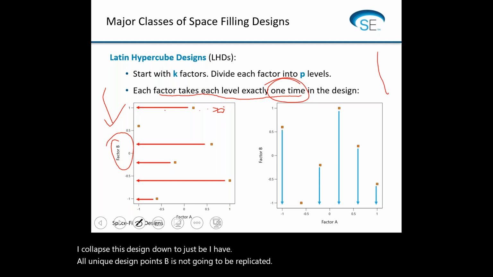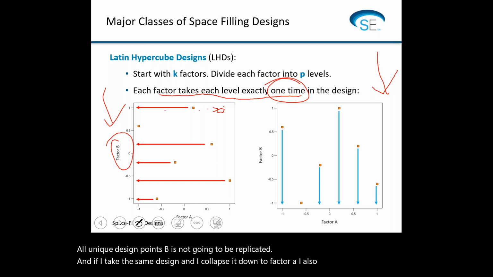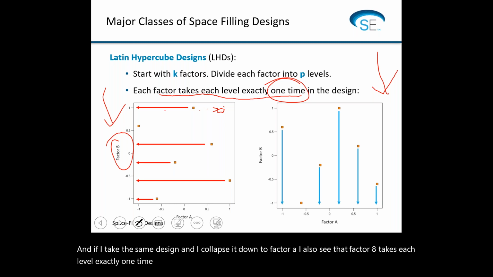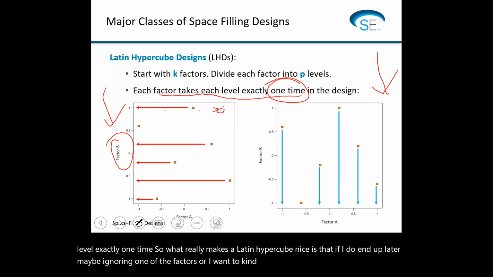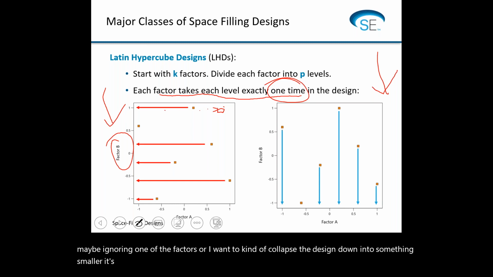And if I take the same design and collapse it down to factor A, I also see that factor A takes each level exactly 1 time. So what really makes a Latin Hypercube nice is that if I later ignore one of the factors, or want to collapse the design down into something smaller, it's space filling in each of the dimensions. I don't end up getting any replicates anywhere.